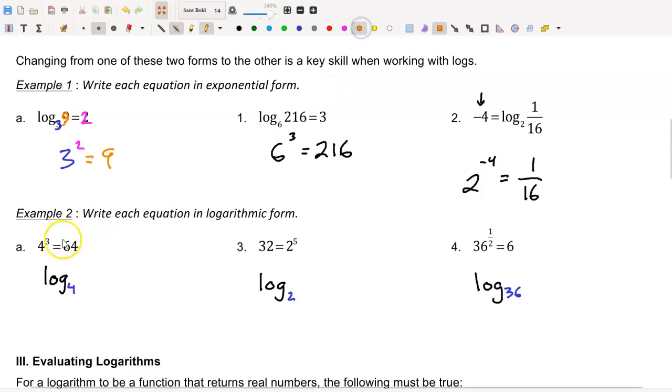Got our numbers, 64, 32, and 6. And those are equal to the exponents. So the answer is always an exponent. So we got 3, 5, and a half.